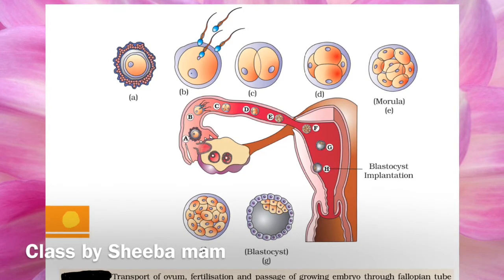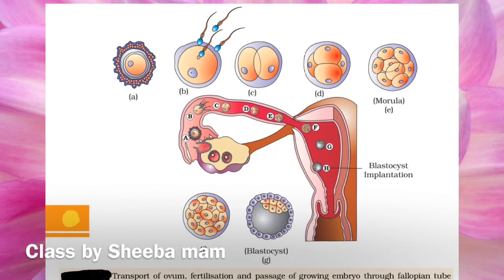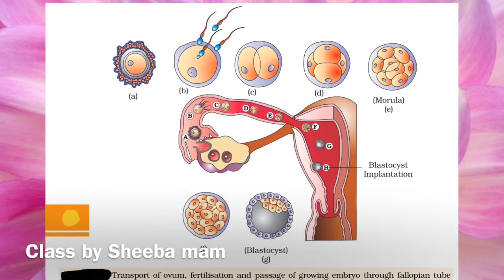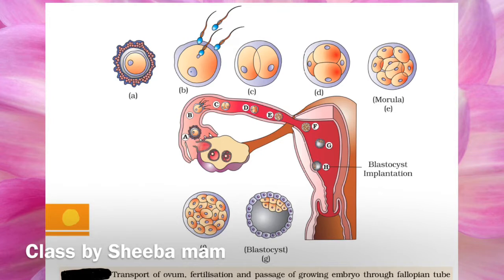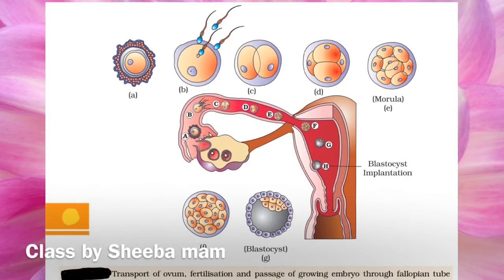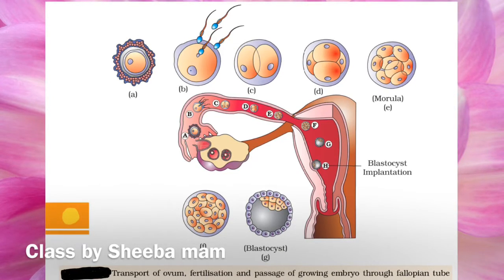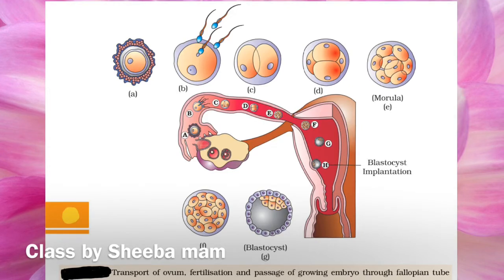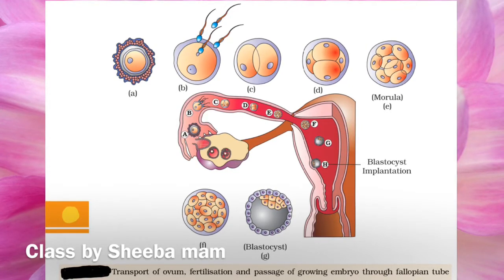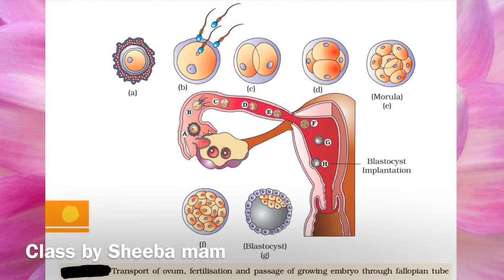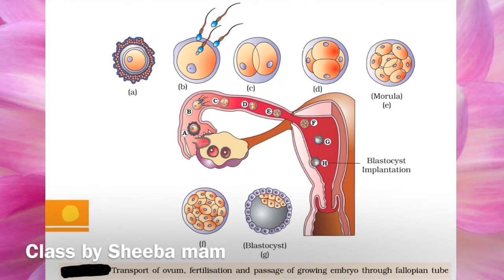The blastomeres in the blastocyst are arranged into an outer layer called a trophoblast and an inner layer called inner cell mass. The trophoblast layer then gets attached to the endometrium. As a result, implantation of the blastocyst in the uterus occurs.